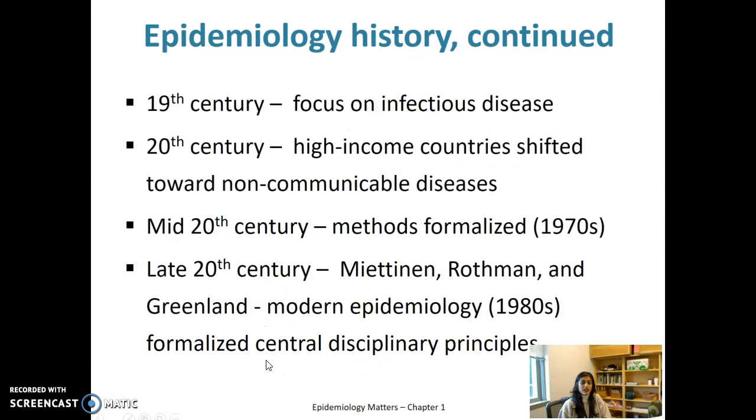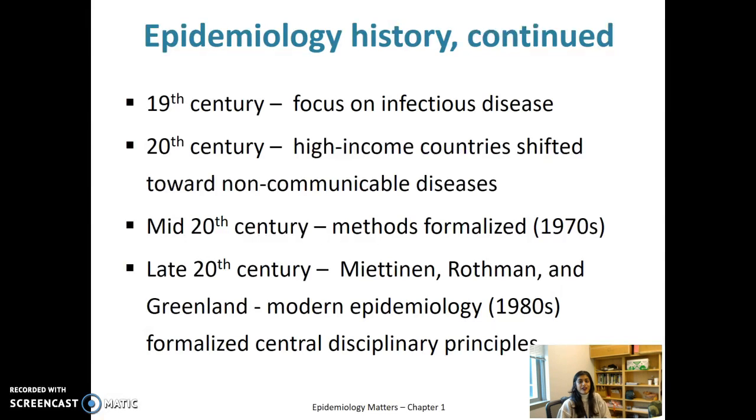So the history, just a few more things. In the 19th century, it was focused on infectious disease, and in the 20th century, epidemiology became more focused on non-communicable disease as well.